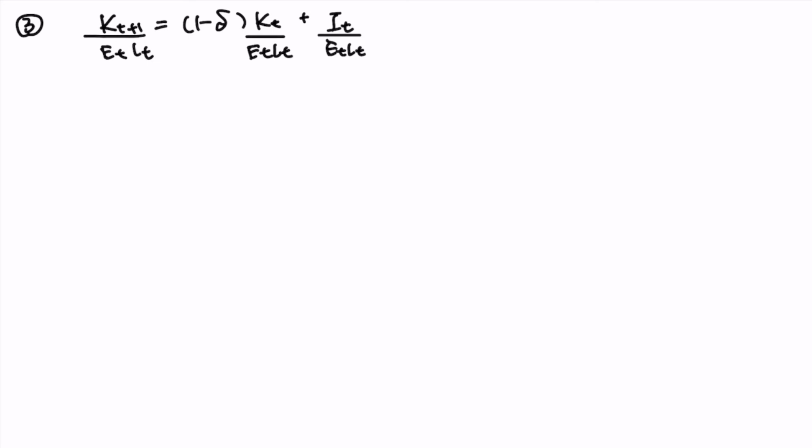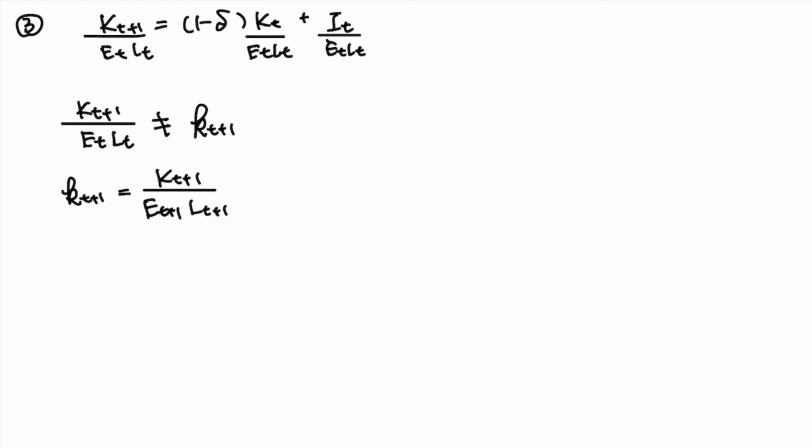But then how about the left hand side? We know that the KT plus 1 over ET LT does not equal kt plus 1 in the lowercase. But then what we know is that the lowercase kt plus 1 equals the aggregated K at t plus 1 divided by the ET plus 1 and LT plus 1.